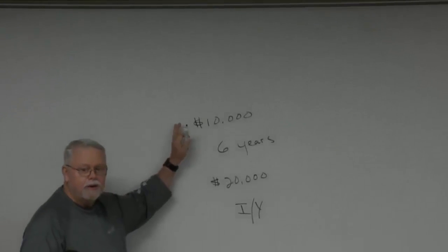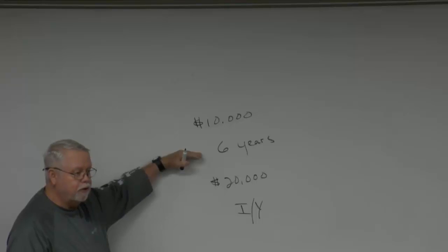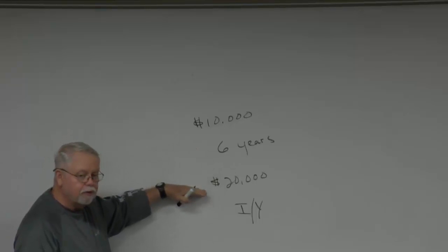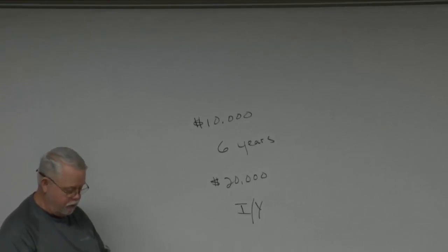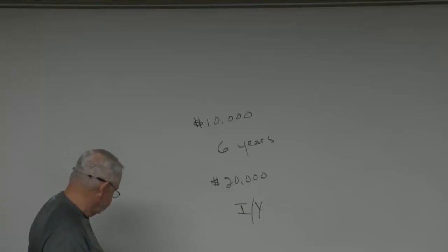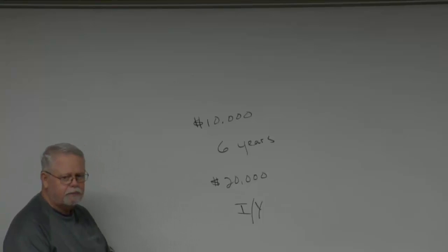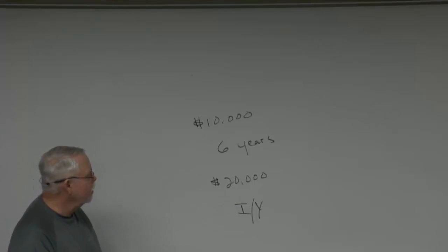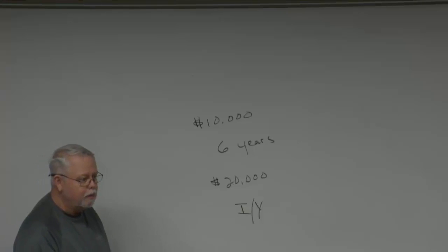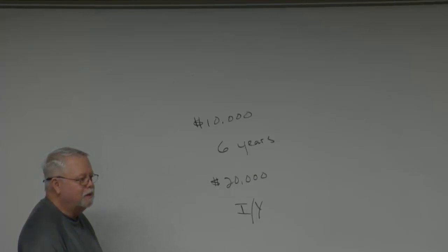He starts with 10, invests it and waits 6 years, and in 6 years it doubles. What was his return? What was the interest rate he was earning? If you get error 5, I'll know why. 12.2.